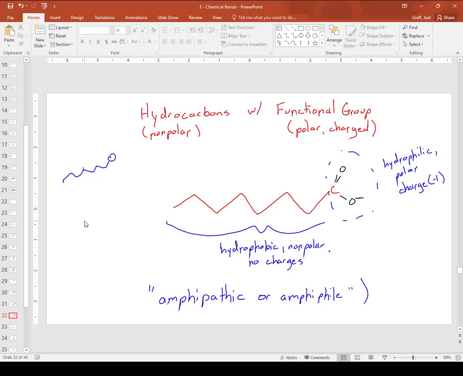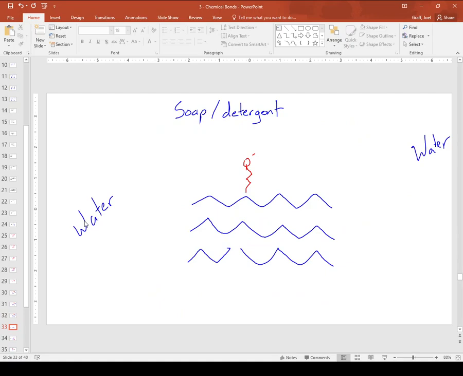So an example of where you might find a molecule like this is in soaps and detergents. So let's say you've got a bunch of water. The blue zigzags are our oil droplet hanging out in the water, and then you put in some soap and detergent, and those detergent molecules with the polar head and the hydrophobic tails are going to arrange themselves with the hydrophobic side pointing towards the oil droplet, and the hydrophilic polar end pointing away from that water droplet.